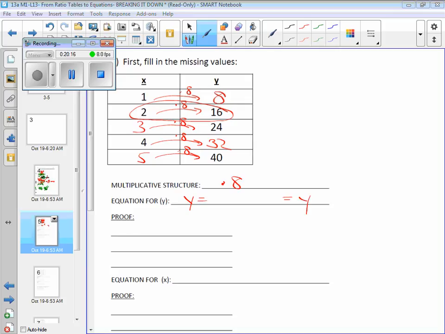So what do you have? Let's see if it works, because we got to prove it or disprove it. Write down the original. Doesn't matter what order you have it.